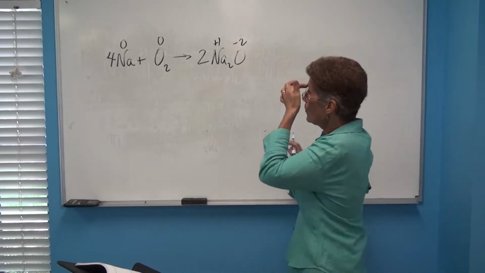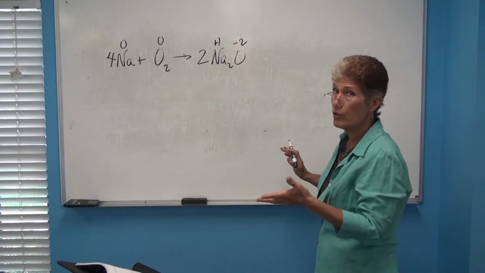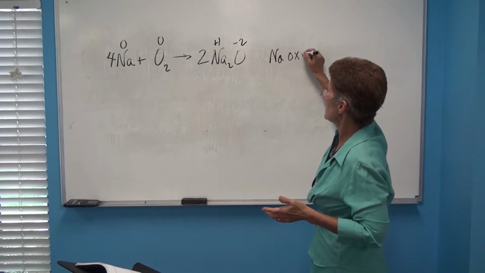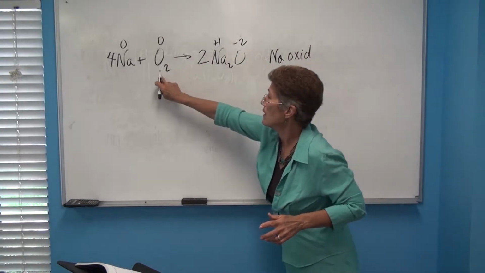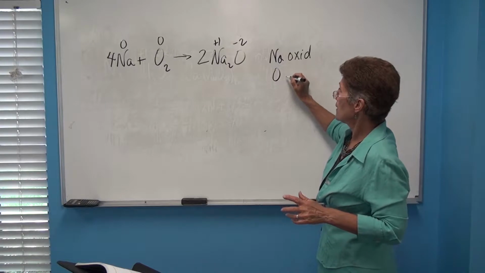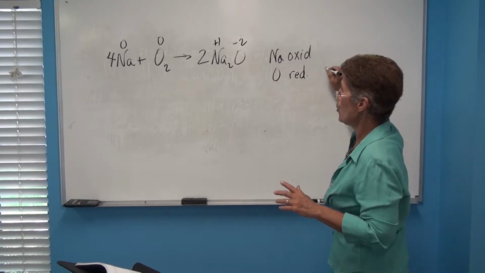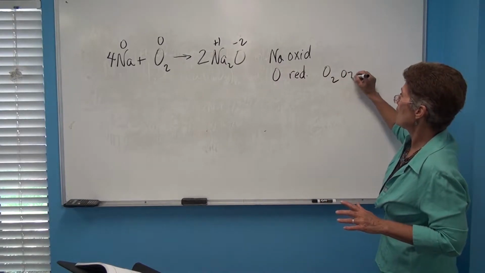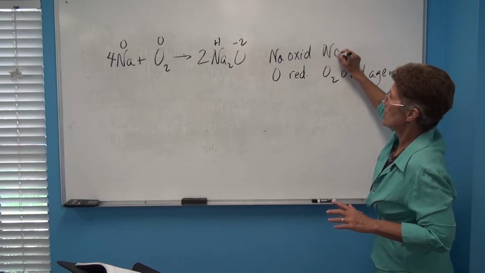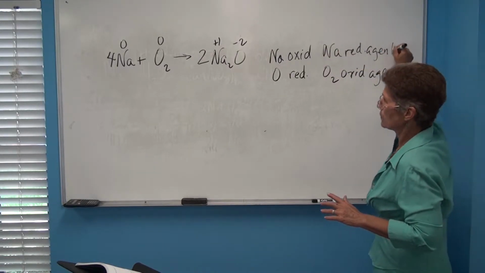Now, sodium goes from 0 to +1, so sodium is losing electrons. Therefore, sodium is being oxidized. And this goes from 0 to -2, so oxygen is being reduced. And O2 is actually the oxidizing agent, and sodium is actually the reducing agent.